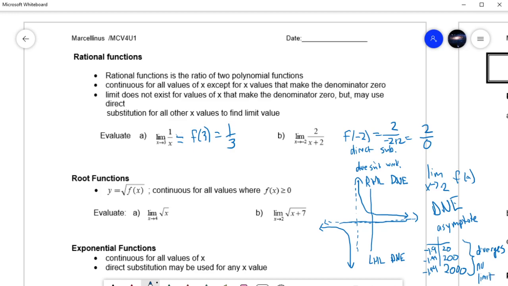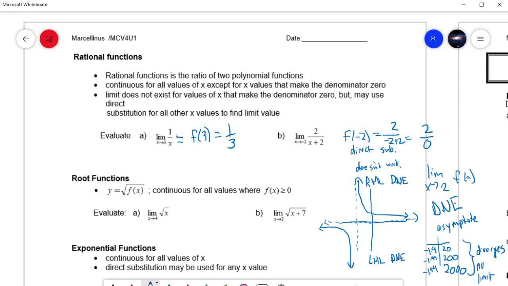So again, if this is a knowledge question, then you say the limit does not exist because it's an asymptote. If this is a communication question, then you go and show me the logic behind your decision. You tried to sub it in, didn't work. You analyzed the graph, you saw that it was an asymptote, you concluded the limit does not exist when there's an asymptote.